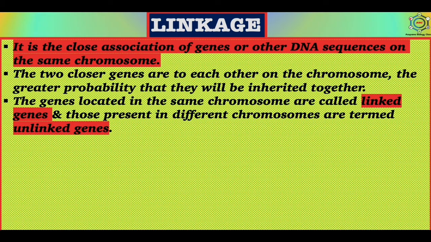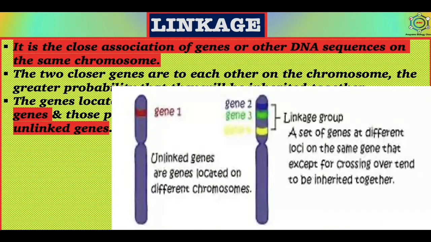The genes located on the same chromosome are called linked genes, and those present on different chromosomes are termed unlinked genes. So in this picture, both chromosomes show unlinked genes because the genes are present on different chromosomes. And in the second picture, it shows gene second, gene third and gene fourth, a set of genes at different loci on the same chromosome that, except for crossing over, tend to be inherited together.